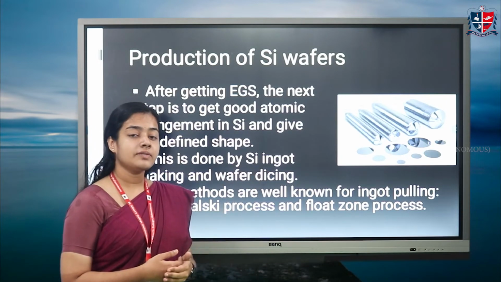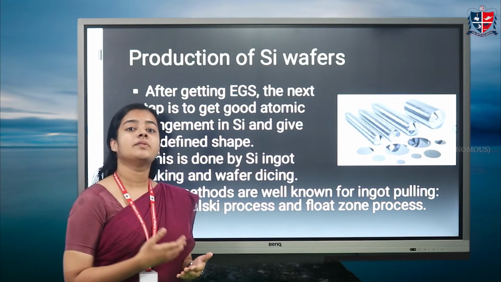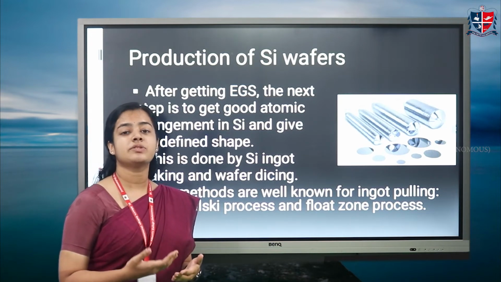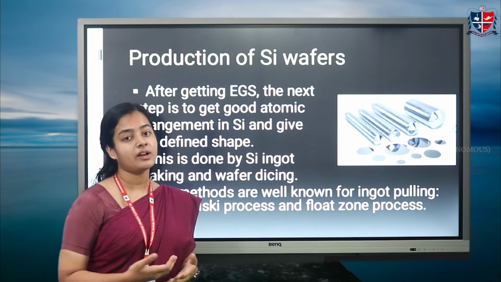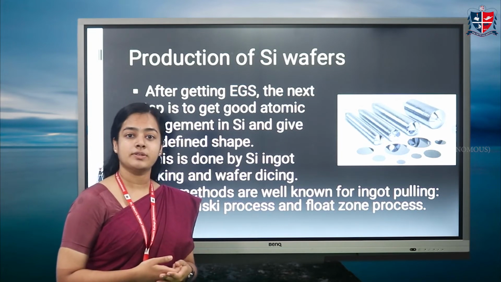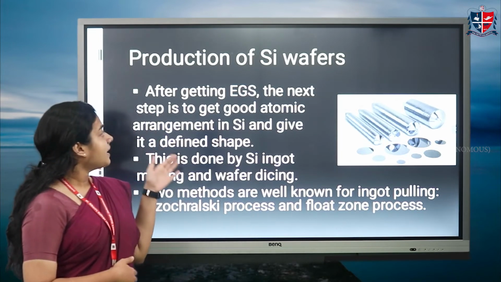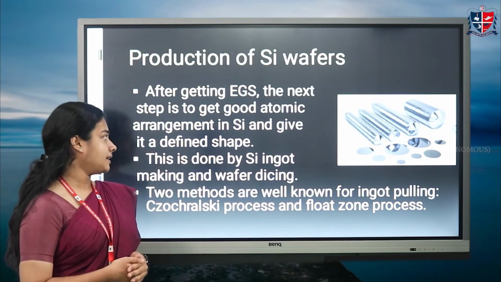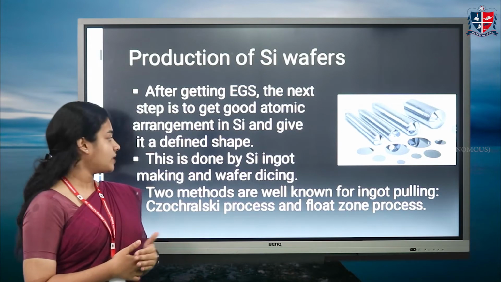We take this EGS and convert it into an ingot, and then we slice this ingot into different wafers and use them for solar cells or for producing photovoltaic modules. So after getting the EGS, the next step is to get a good atomic arrangement in the silicon and give it a defined shape.